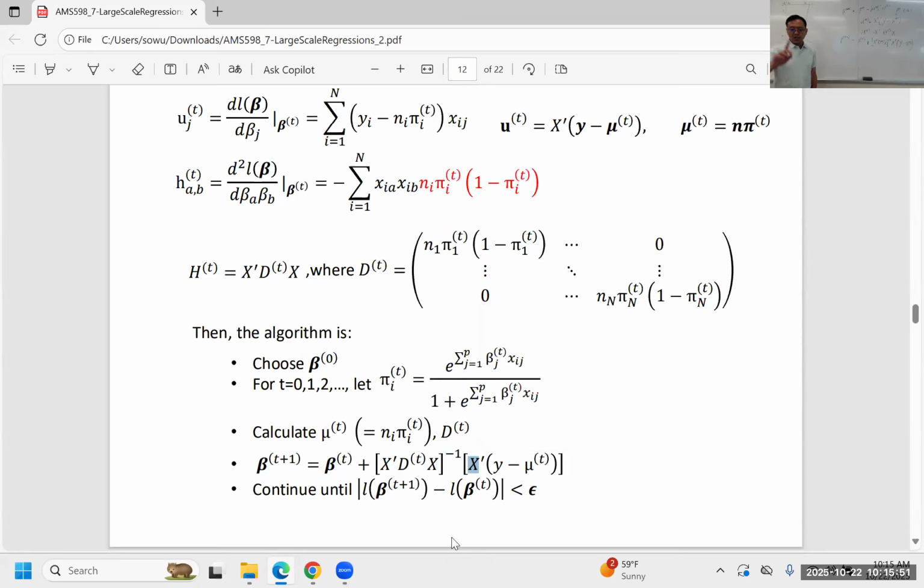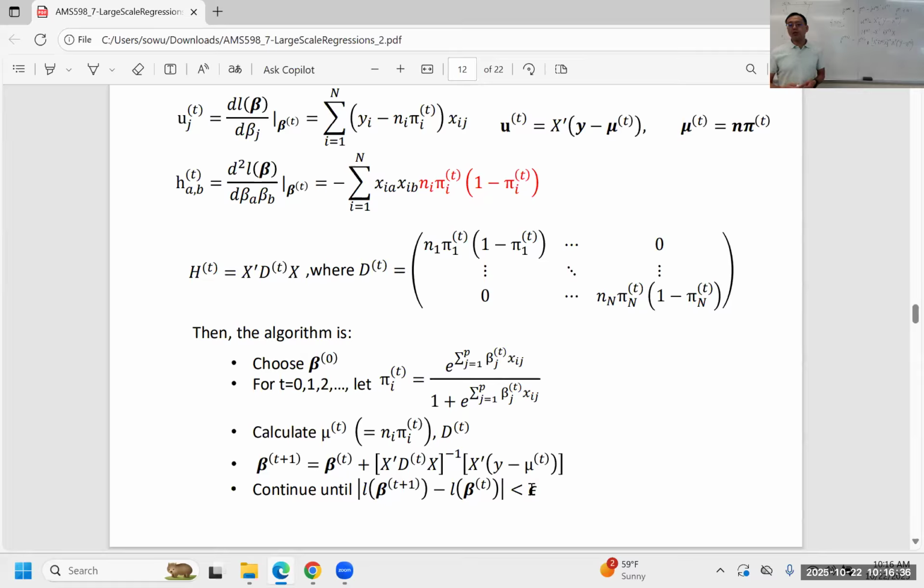And you continue. At every step, you evaluate the log-likelihood function at the next step minus the log-likelihood at the previous step, to see how much it has changed. If the increment is smaller than epsilon, typically 10 to the -4 or 10 to the -6, something very small, meaning it has become insignificant, then you can confidently say beta has reached a maximum point.